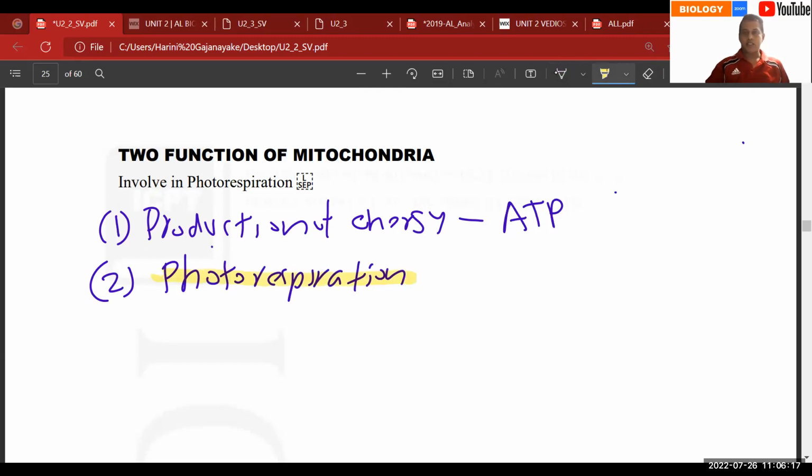We're going to learn it. So I just have a space. I quickly show it again. So this is the chloroplast.